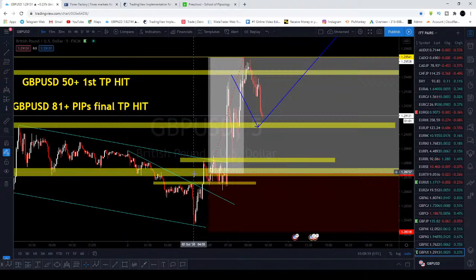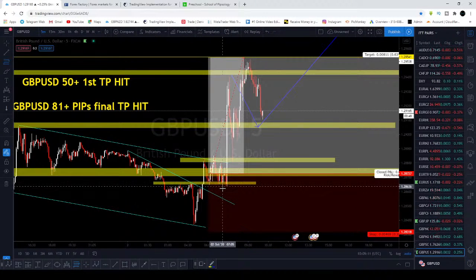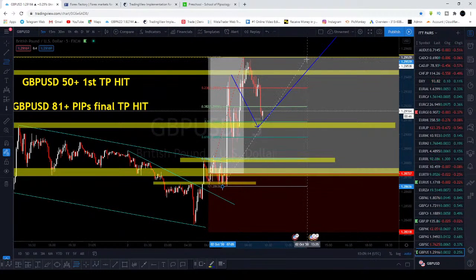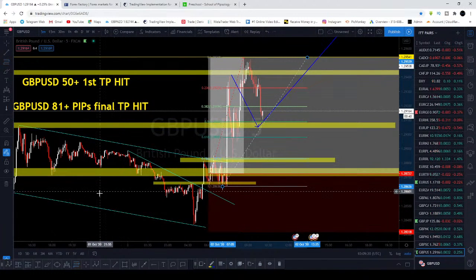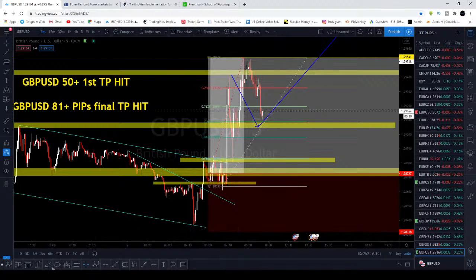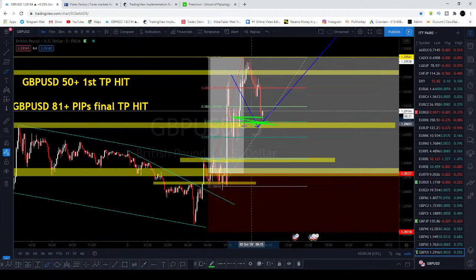Let's try to see what's going to happen for this particular pair, GBPUSD. I think it's reacting to the 50% Fibonacci retracement now. If you draw it, you see it, right? So I think it might continue buying from now, but we'll try to see. But I'm not getting in, just for your information. Don't think that hey, Israel says he's going to buy now, let me buy it because he's buying.